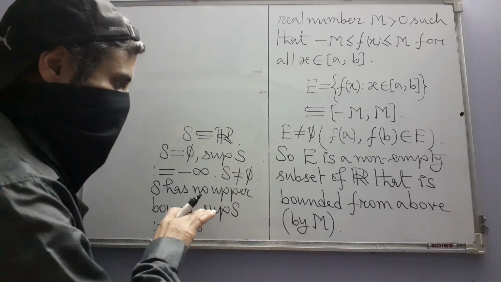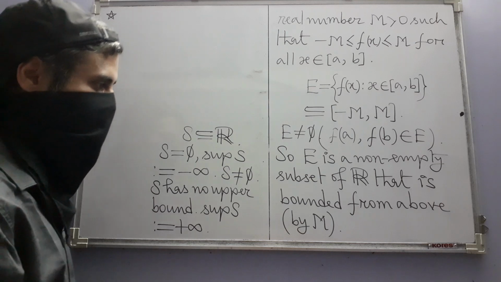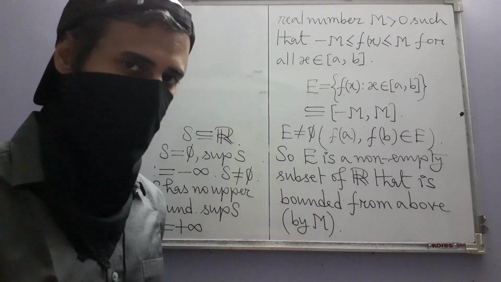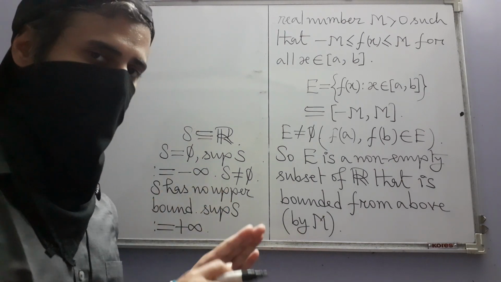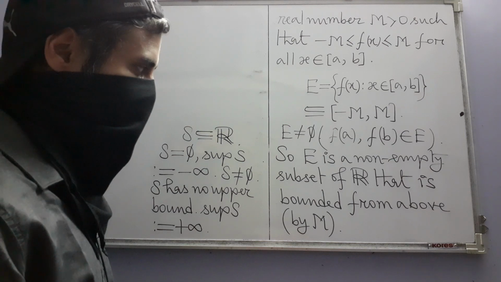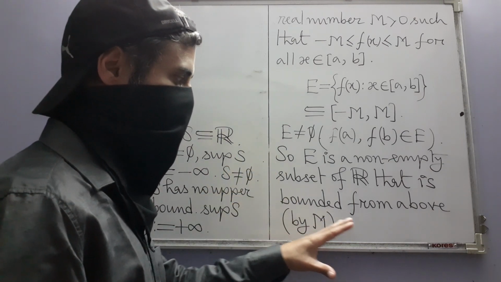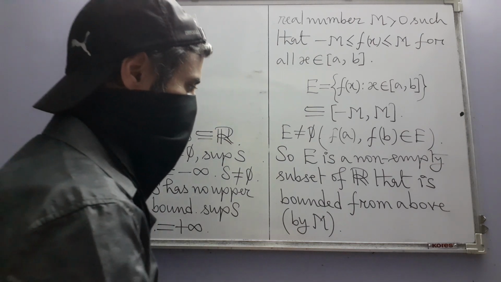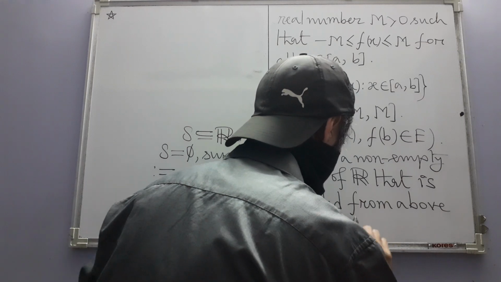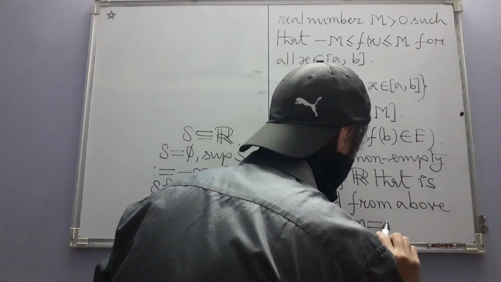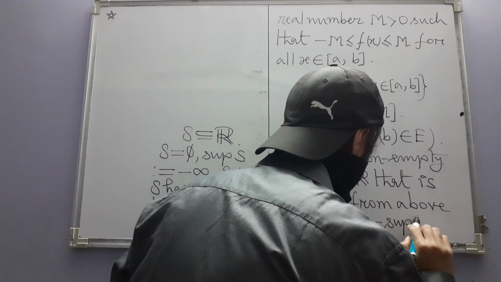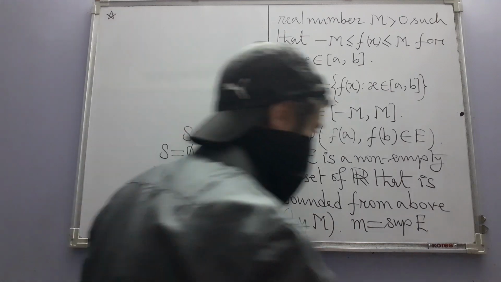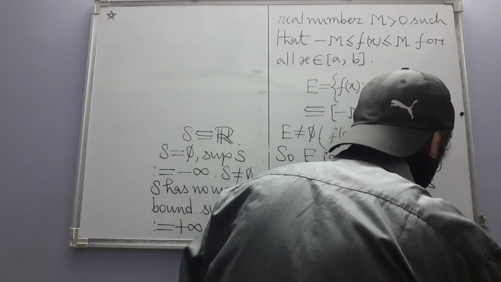And it's not just a definition, but it's a result that in that case there exists a least upper bound, which we have defined as the supremum of the set. And in fact, this is the result which distinguishes the system of real numbers from the system of rational numbers. So anyway, now we have this quantity which we are going to call M, and we now know that it's a real number.